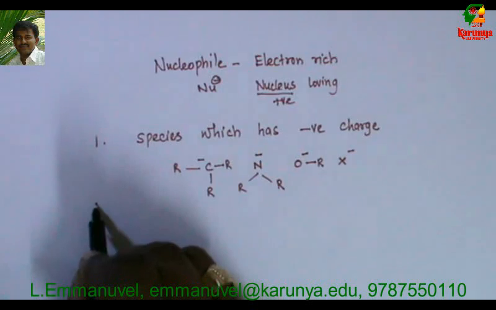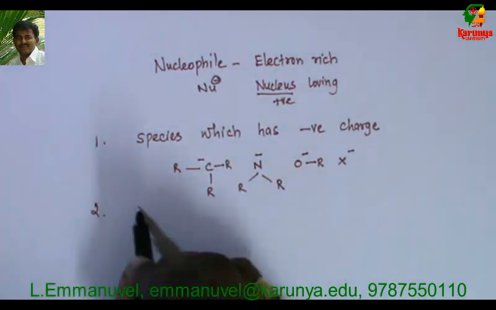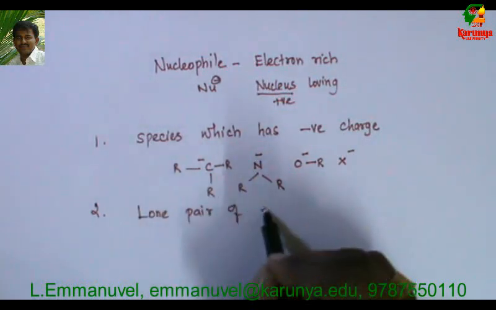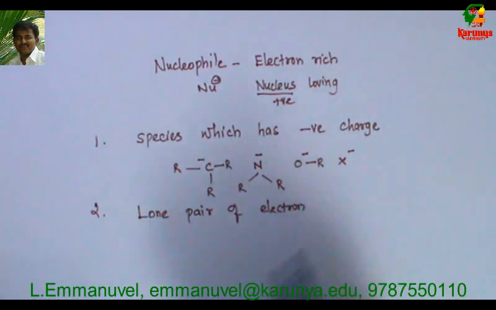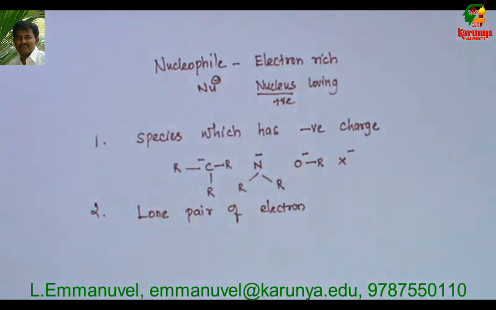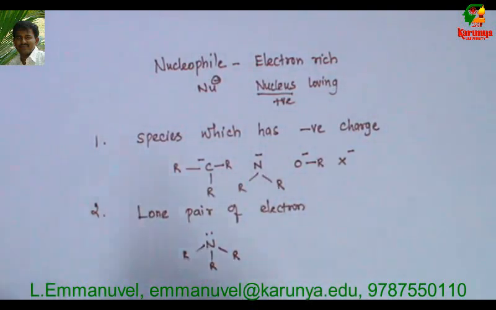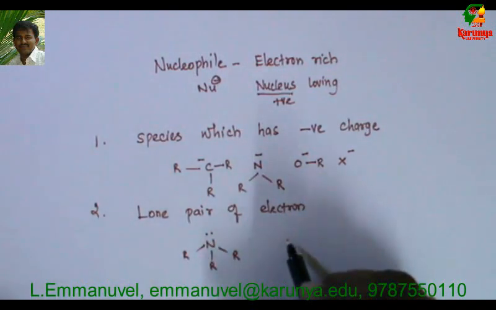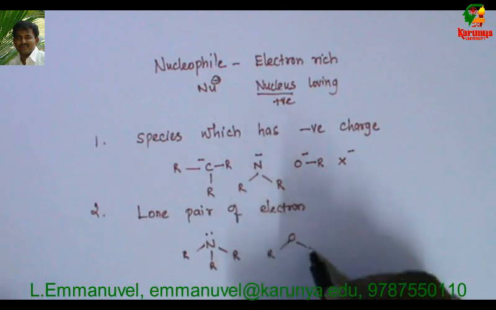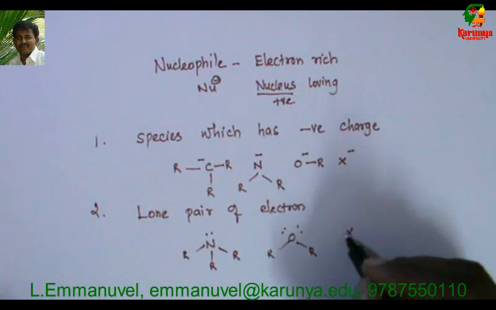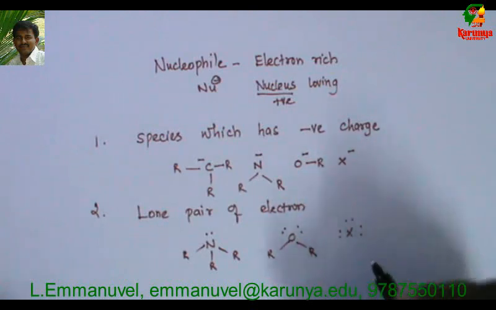The second category is lone pair of electrons. In organic chemistry, there is a lone pair of electrons on nitrogen. So you can see one lone pair of electrons. In oxygen, there are 2 lone pairs of electrons, and in halogens, there are 3 lone pairs of electrons.